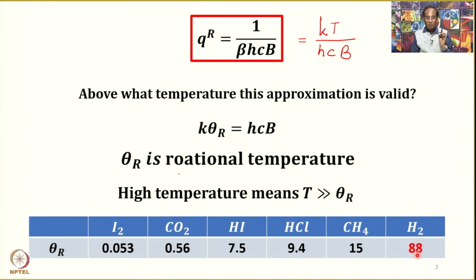In any case, when we say high temperature, it means that the experimental value of temperature, that is the temperature at which you want to calculate rotational partition function, should be much higher than the rotational temperature. Only then you can use this approximation. Otherwise, you will have to go by direct summation method, numerical evaluation of rotational contribution.